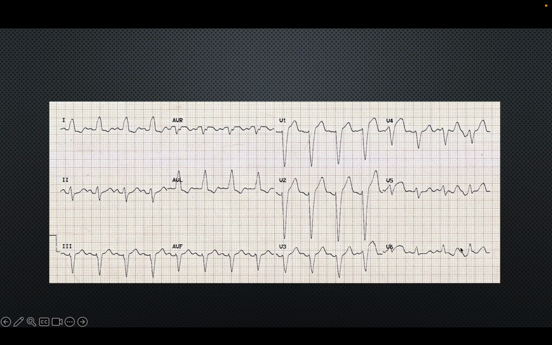And if we were able to zoom in real close, we would see a little deflection here in V6. So usually in a left bundle branch block, you're going to have a pattern that looks a lot like this. You look at AVL, you can see the deflection right there.